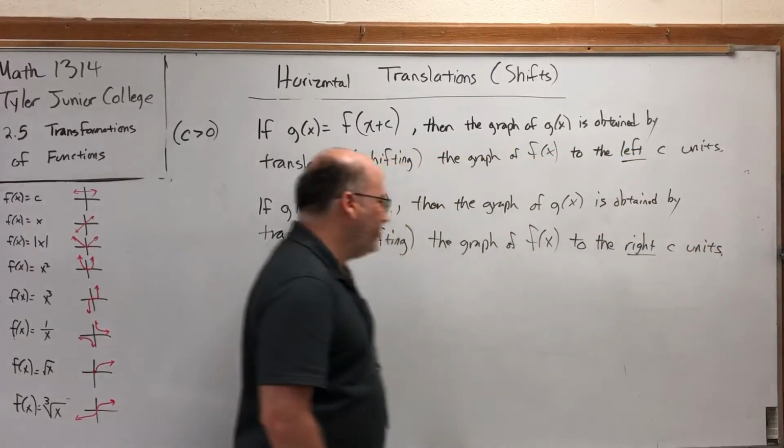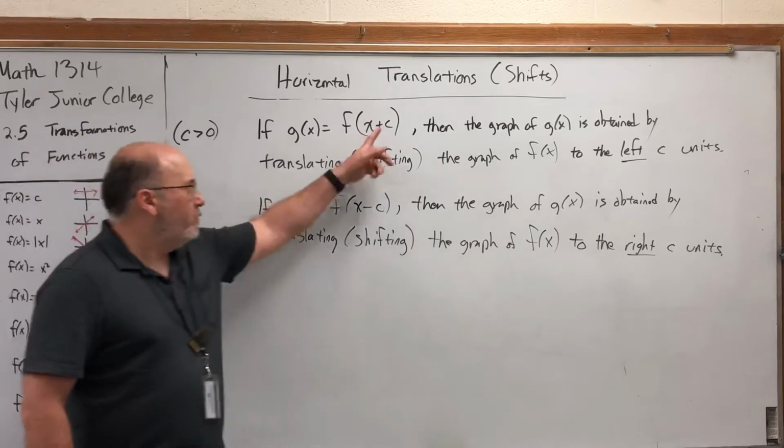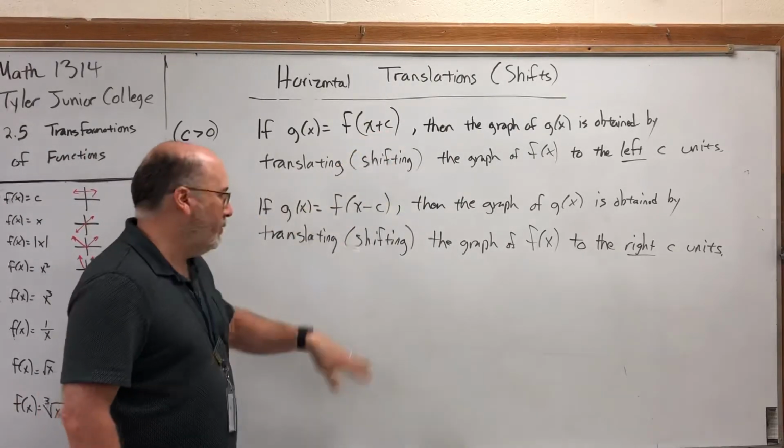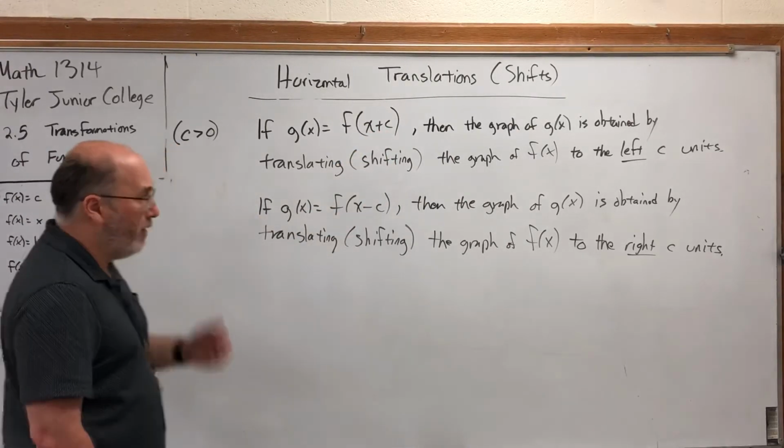We're still working under the assumption that the c is positive, so when it says plus, it's really an addition problem, and when it says minus, it's really a subtraction problem.